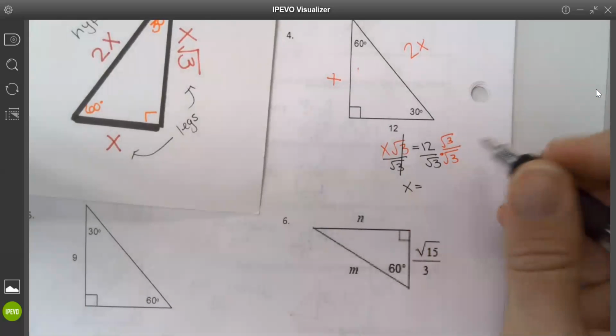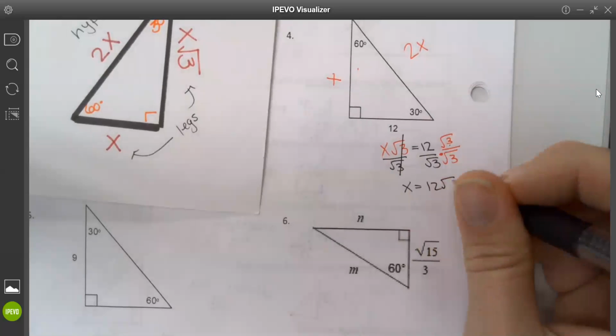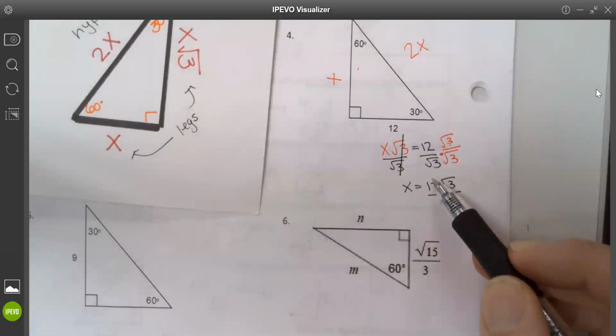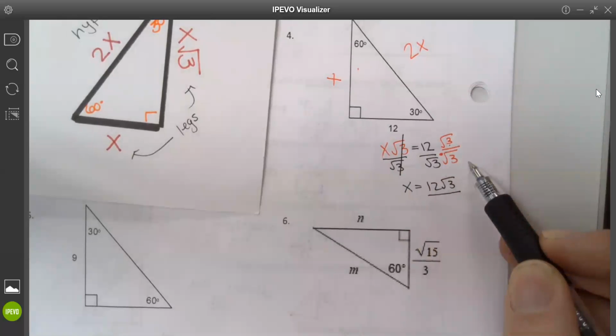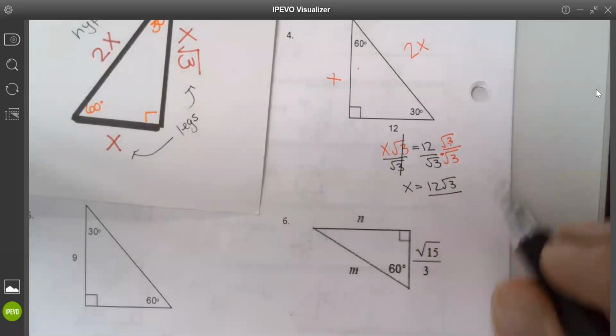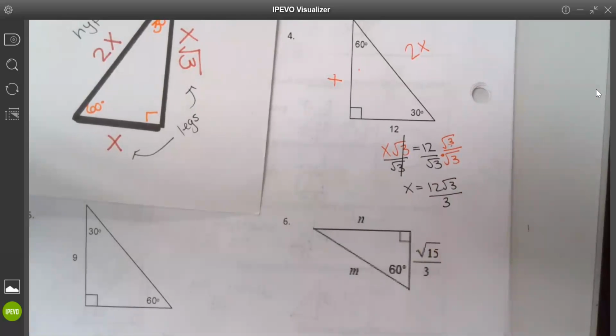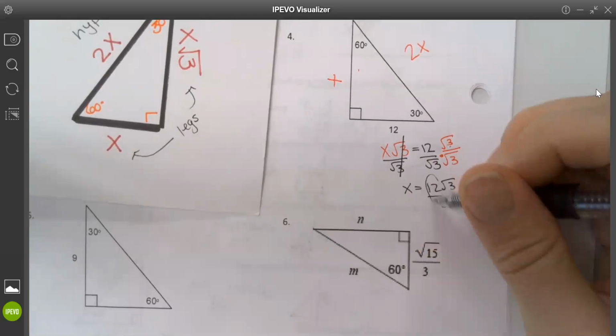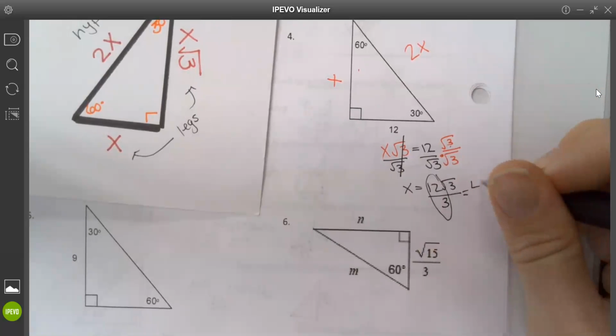And x would equal 12 rad 3 in the numerator. Rad 3 times rad 3 gives me the square root of 9, which is 3. Then I can reduce this down to 4 rad 3.